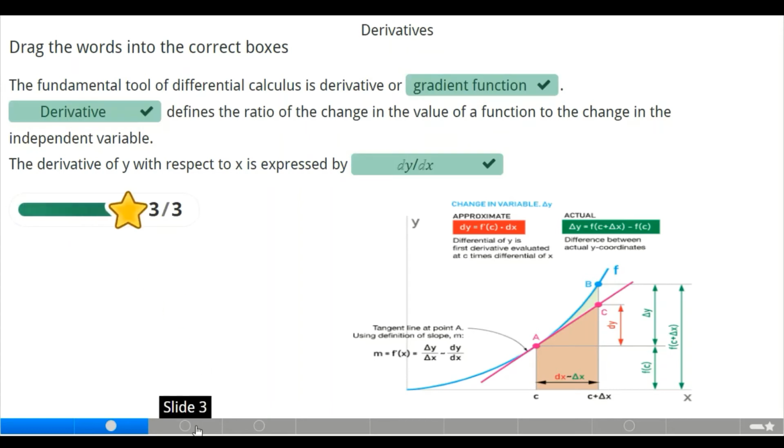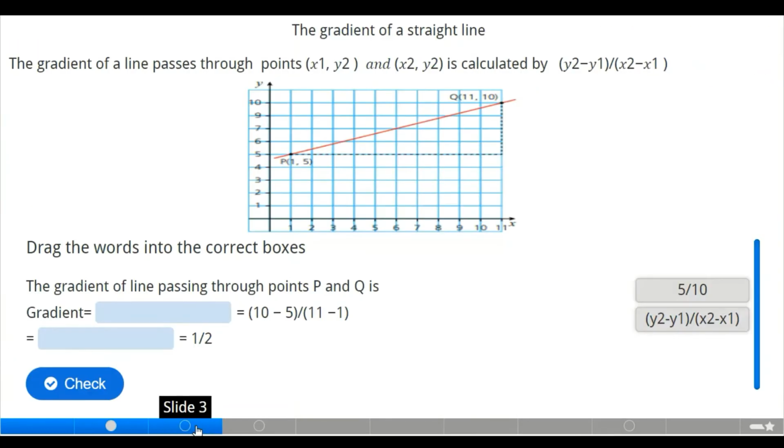So now let's look at the gradient of a straight line. For differentiation to come into place, we need to know how to go about the derivative and gradient function.